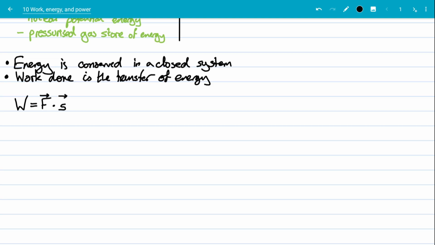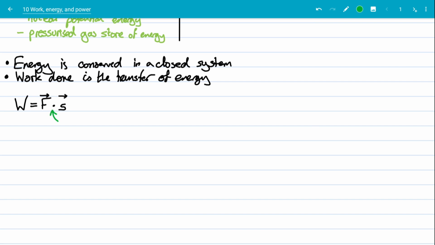Sometimes it will be written at GCSE level as force times the distance moved in the direction of the force. But distance in a particular direction is displacement. So why not call it displacement? So F dot S. Now that is shorthand. That is what's called a scalar product. And it is a shorthand.